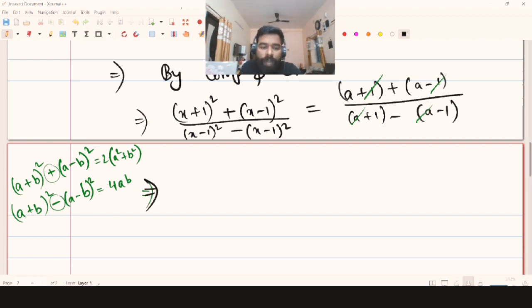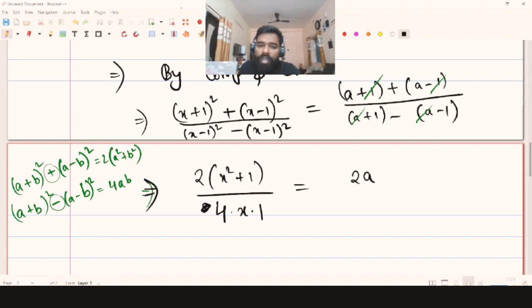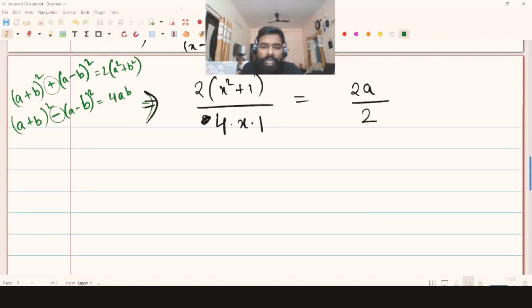So in the numerator 2 times x square plus 1, and then in the denominator you have 4ab. A is x and b is 1. The right hand side, you see two a's are there, you can write 2a, and here 1 plus 1 you'll get 2. So next you can cut these 2's, and again 2 ones are 2, 2 twos are 4.